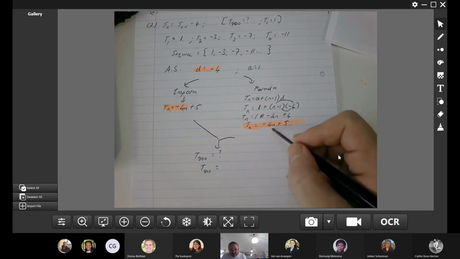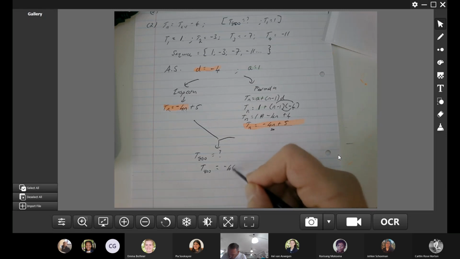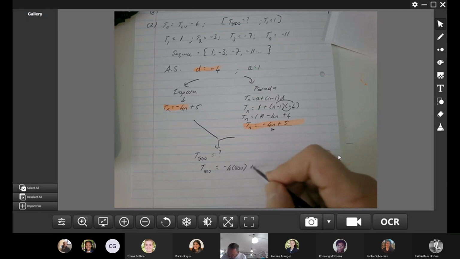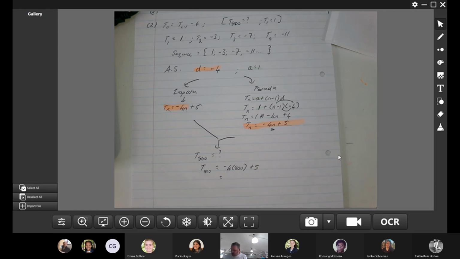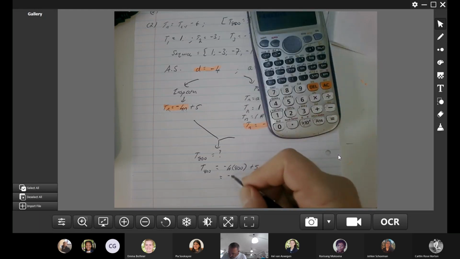I'm going to replace n over here with 800, the term in position 800. So it's negative 4 times 800 plus 5. And we lob that into our calculator. Negative 4 times 800 plus 5, and we should get negative 3195.